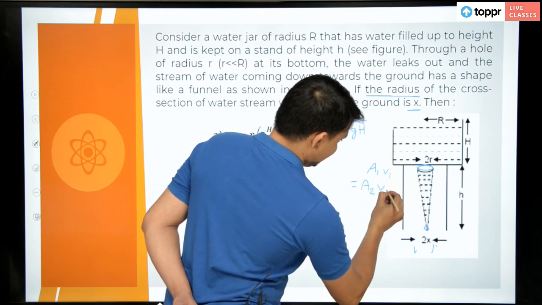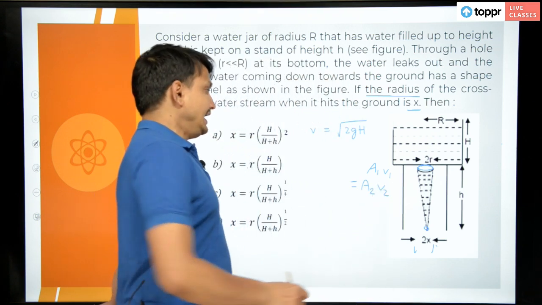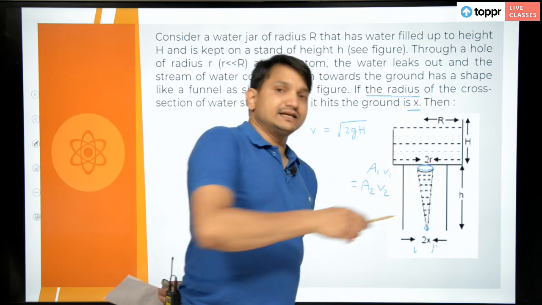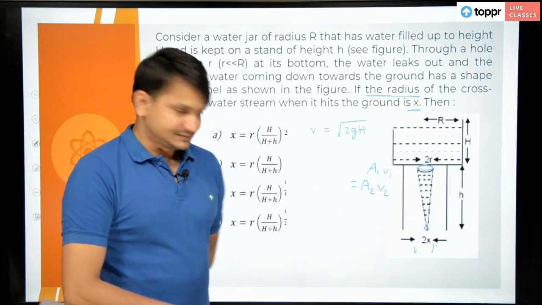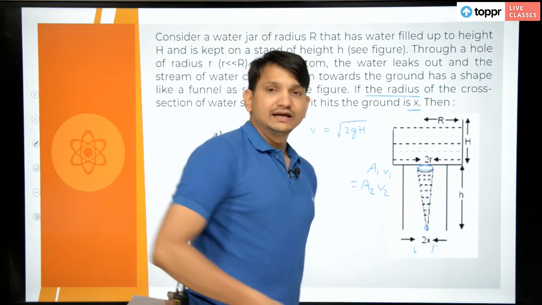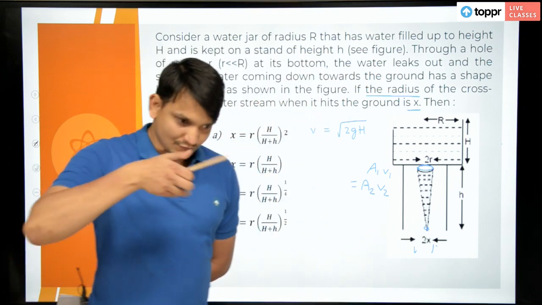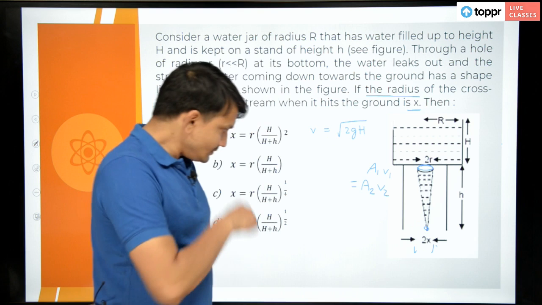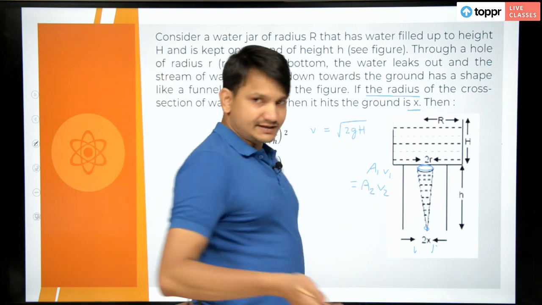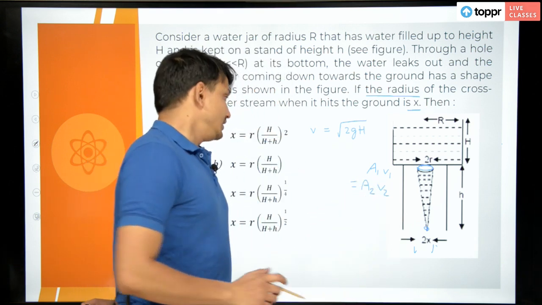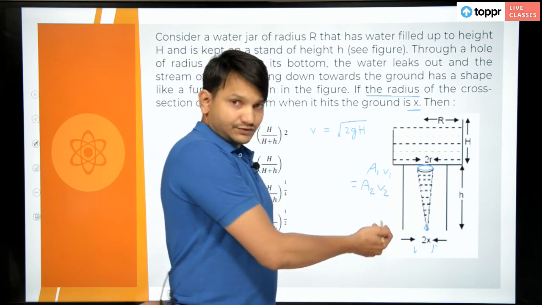Now, what is A and what is v? A is the cross section area through which water is coming out, and A2 is the cross section area through which water is striking the ground. We are considering this a continuous flow. So, A1 v1 equals A2 v2.